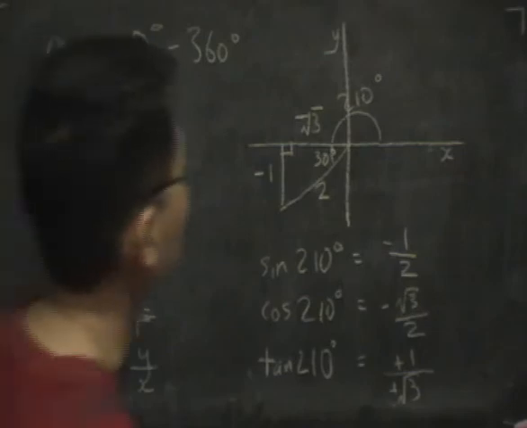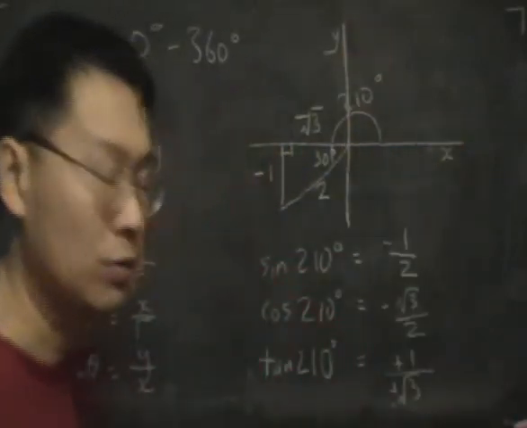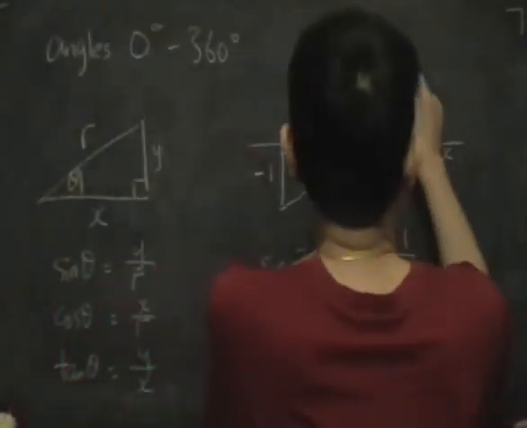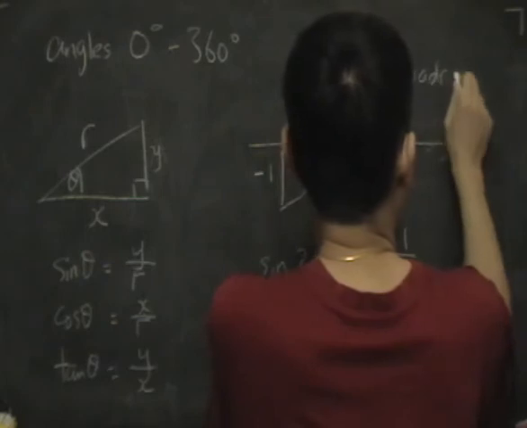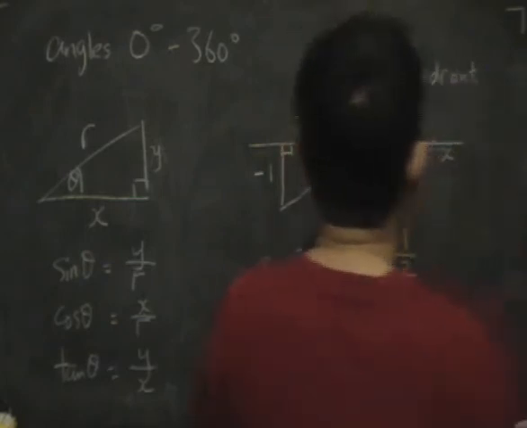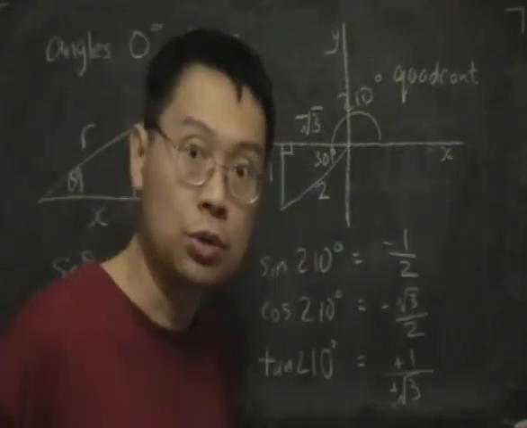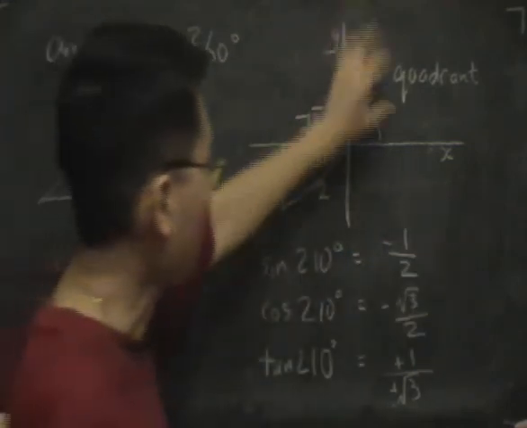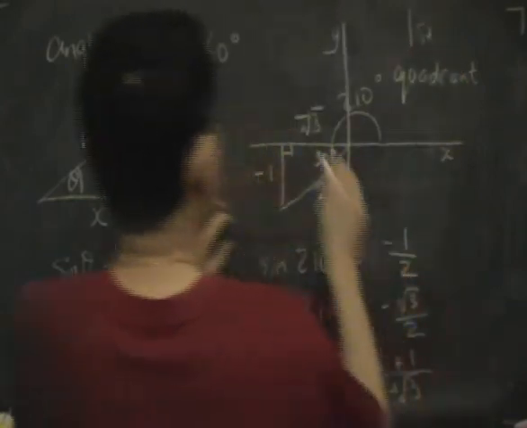The name that is used to describe this quarter of the graph is a quadrant. So each of these is a quadrant, and that one is called the first quadrant.